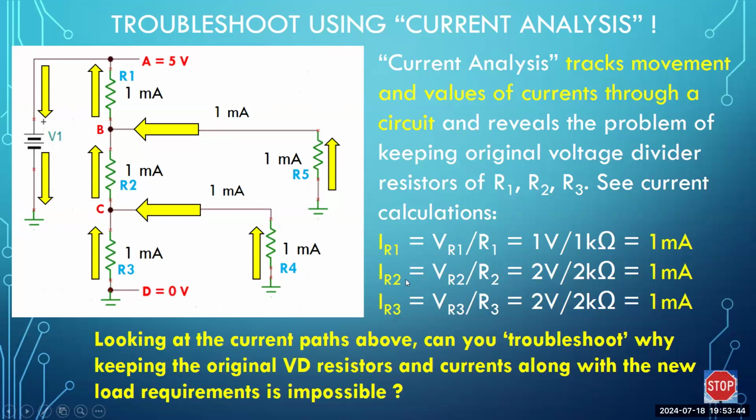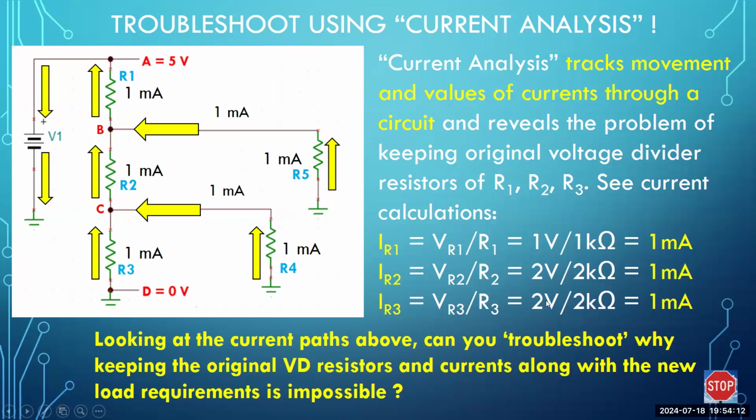Ohm's law also then helps us calculate the current through R2. R2's current is calculated as the voltage across R2 divided by the ohms of R2. In this case, it would be 2 volts divided by 2 kilo ohms, and that's also 1 milliamp. IR3, the current through R3, is calculated as VR3, voltage across R3, divided by the ohms of R3.